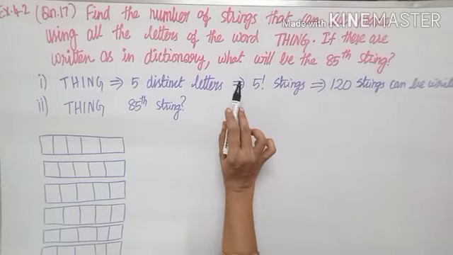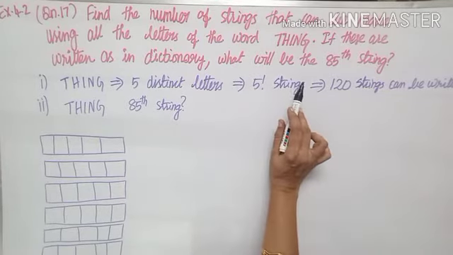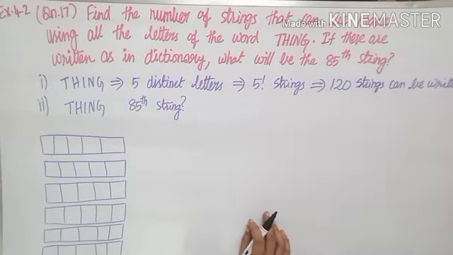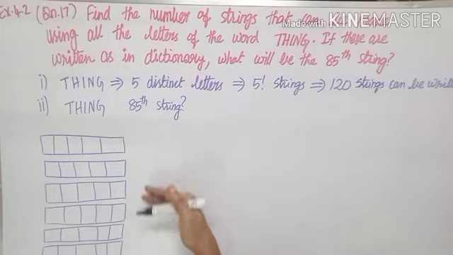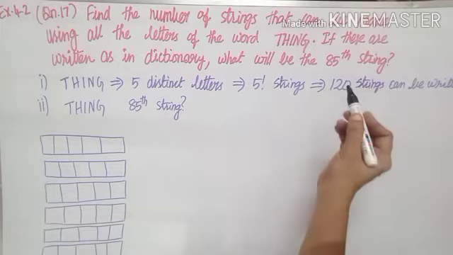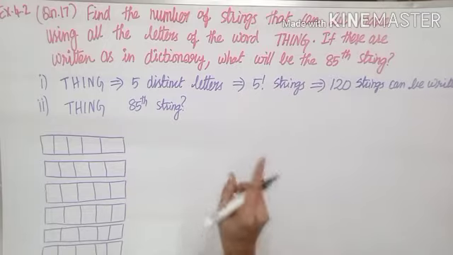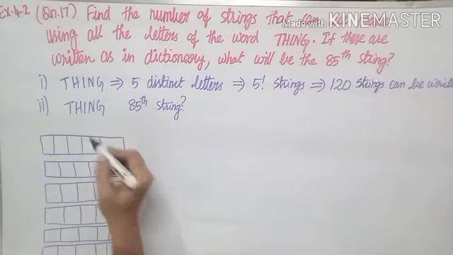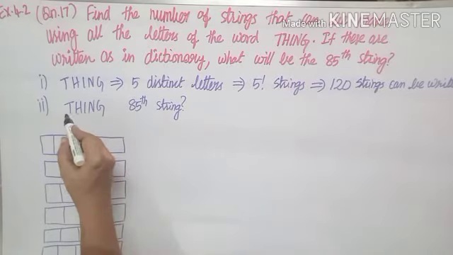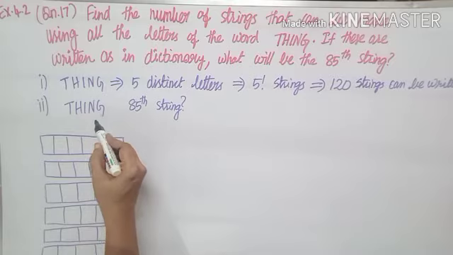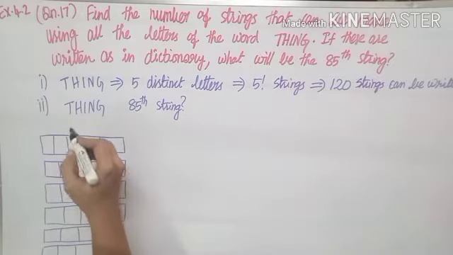The second question is, what will be the 85th string? As we find the factorial ways, let us check when 85 is coming, and that will be the particular word for the question. So the very first thing, we will arrange it in alphabetical order.